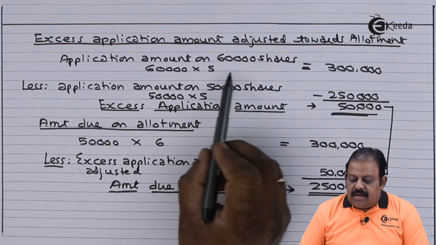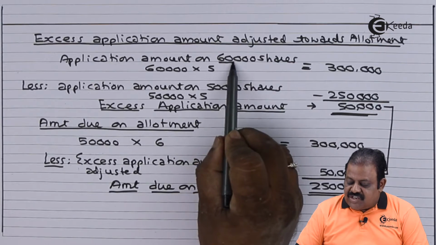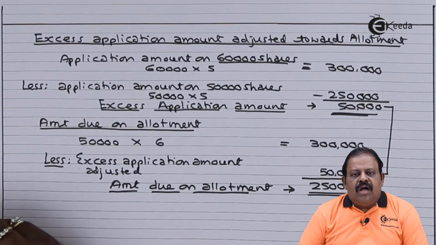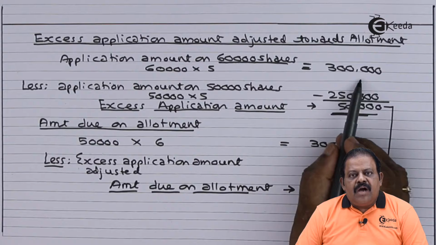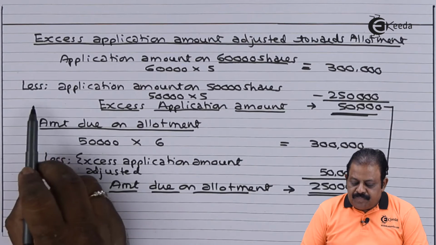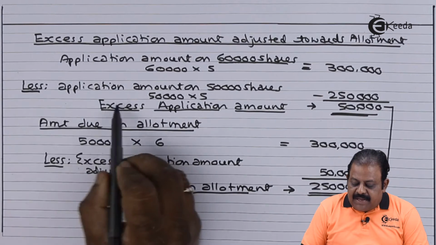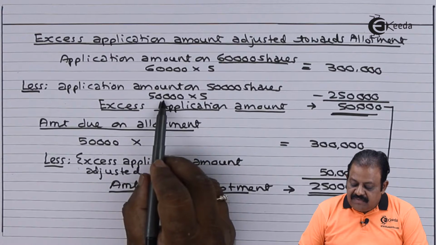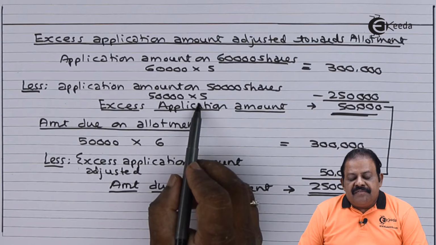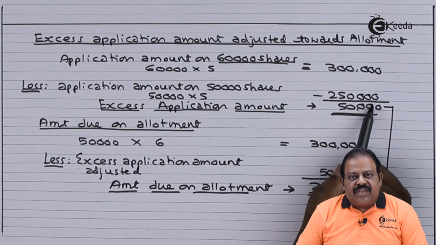Application amount received by company on 60,000 shares which are considered for allotment: 60,000 multiplied by 5, amount is 3 lakhs. Less application amount on 50,000 allotted shares: 50,000 multiplied by 5, amount is 2,50,000.